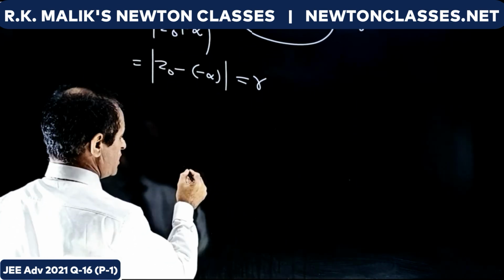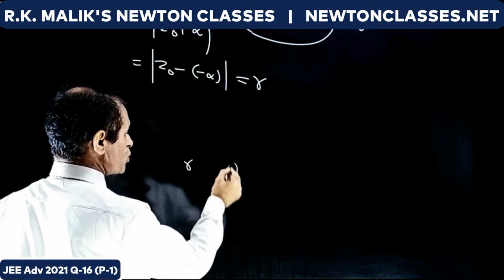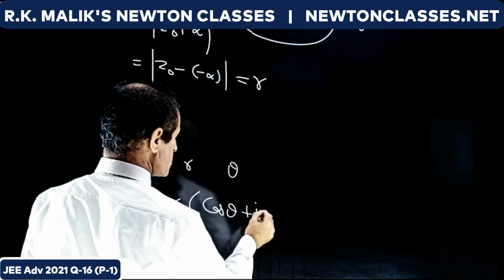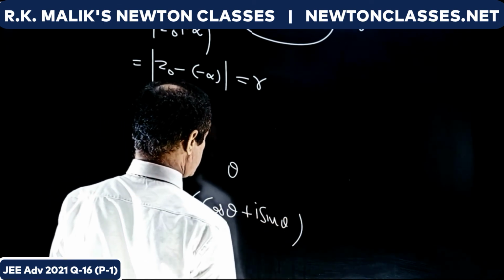and we know that if the modulus is r and the argument is theta, the complex number is r into cos theta plus I sin theta.